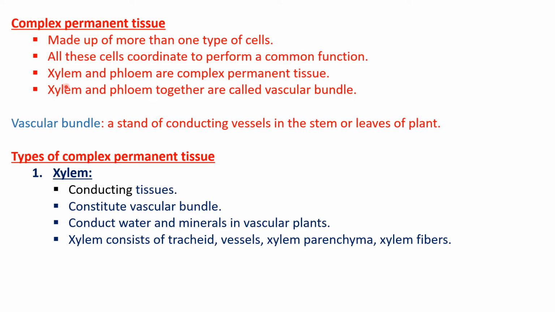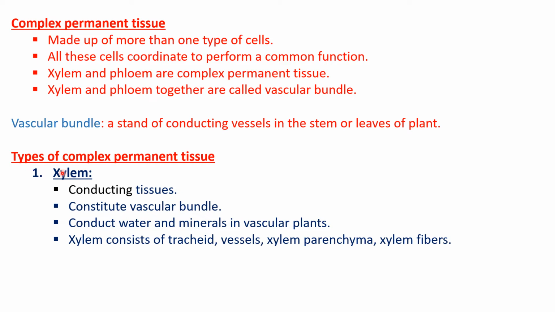Next, xylem and phloem are complex permanent tissues. Xylem and phloem together are called vascular bundle. So one new term we got is vascular bundle. What is a vascular bundle? A strand of conducting vessels in the stem or leaves of a plant.